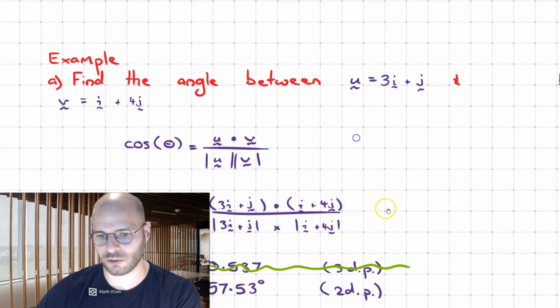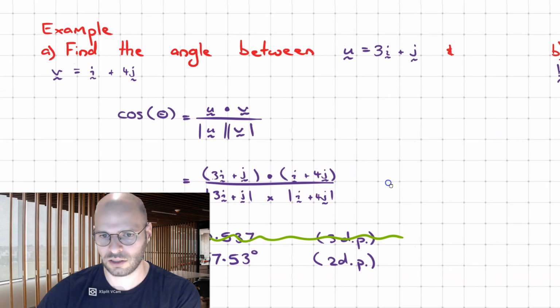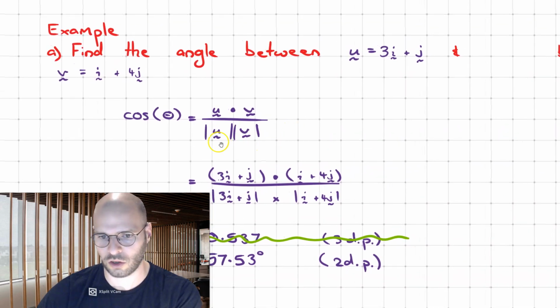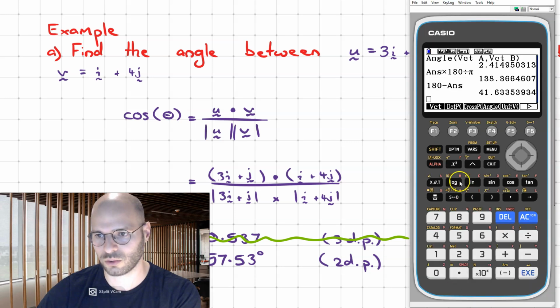After this, we had a look at an example where we found that it's quite a long process to do it manually, so it's always better off if it's numerical to just throw it in the calculator. Remembering that our calculators are most likely going to be in radians, so we need to do a conversion once we've done the formula over here. And also remember that you need to apply the inverse cosine if you're doing it like here.